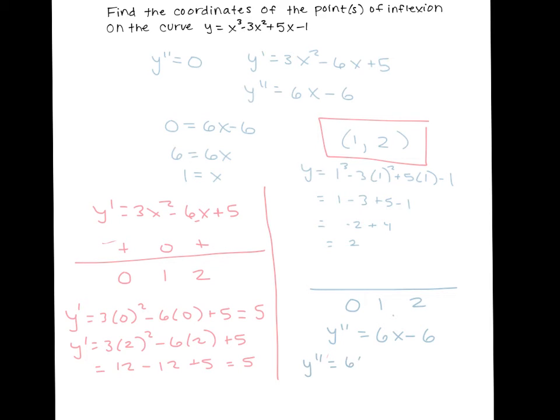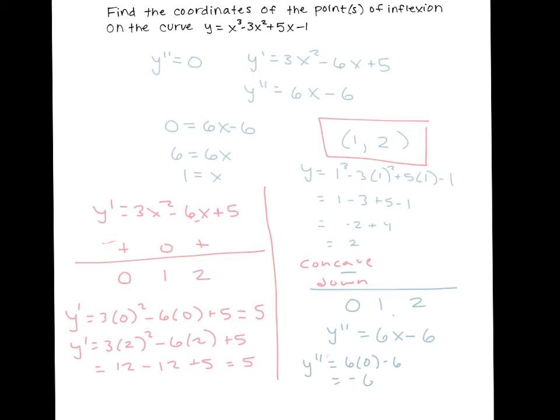And so we get 6 times 0 minus 6 is a negative. So a negative would represent what? It would represent, let's see, concave down. I'm just going to write concave down because it's a negative second derivative.